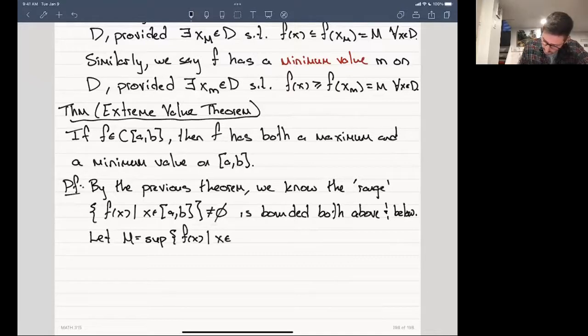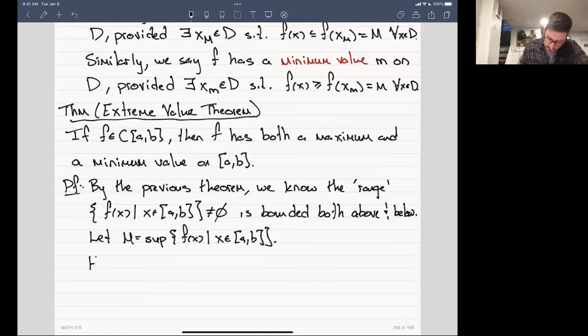So you're saying, well, the range is bounded above, so therefore we know that it has a least upper bound, and let's call this thing capital M. And I'm going to only prove this for the upper bound. You can see the lower bound follows in exactly the same way. So you can repeat the arguments yourself and fill in the blanks. It's a nice exercise.